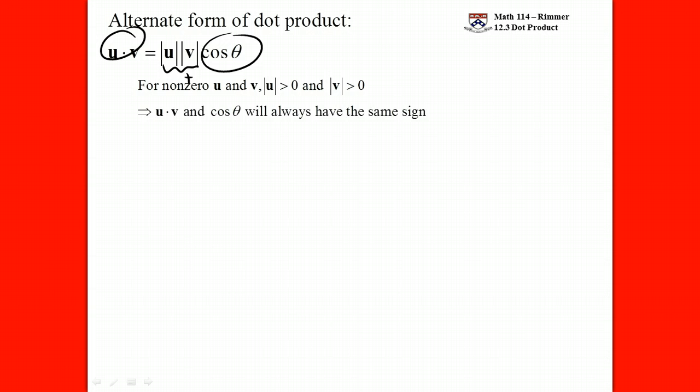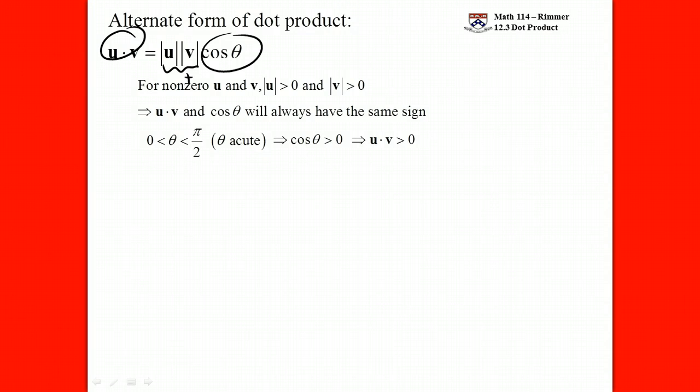And so we're going to say that officially, that u dot v and cosine theta has to have the same sign. And we just saw earlier that when the cosine of theta was negative, it came from the dot product being negative, and that was an obtuse angle. When cosine theta is positive, we're going to have an acute angle.